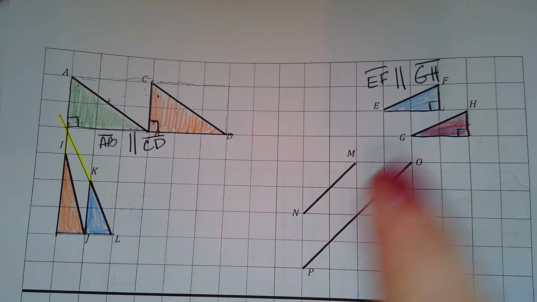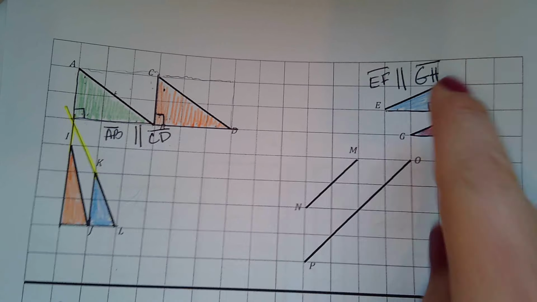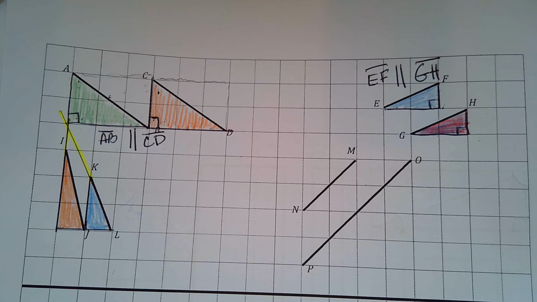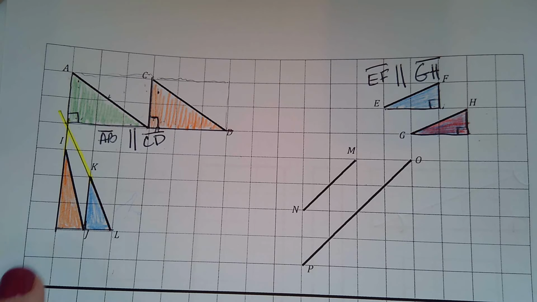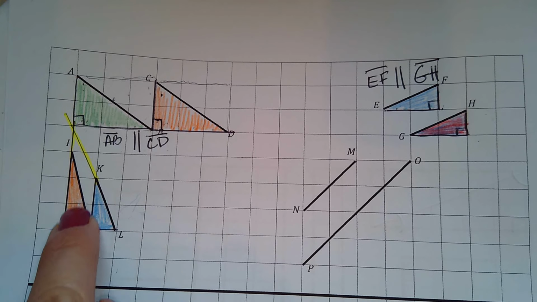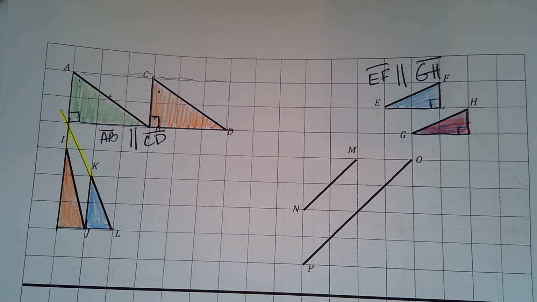Excellent. Before we move on, EF is parallel to GH. Make sure to write that down, annotate that. Then over here, are these 2 segments parallel? No. The triangle IJ is taller for sure.